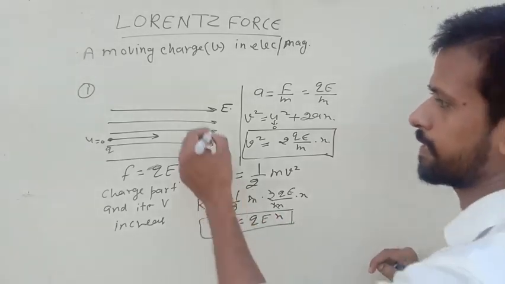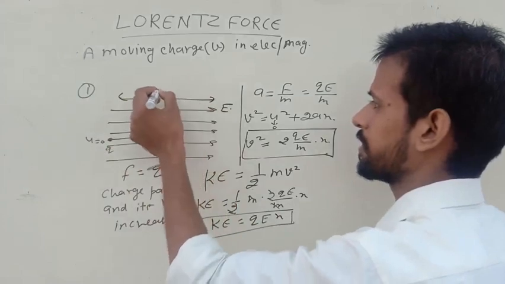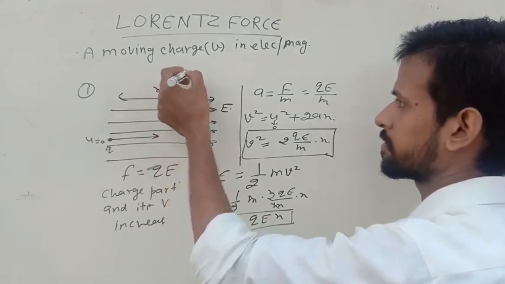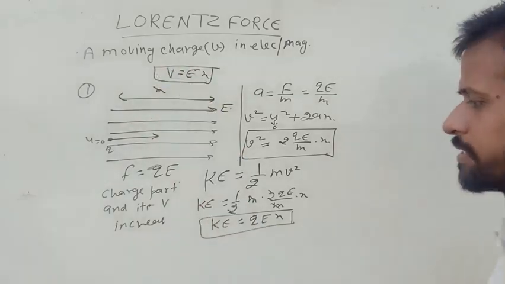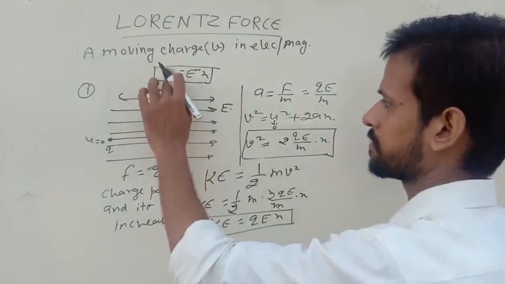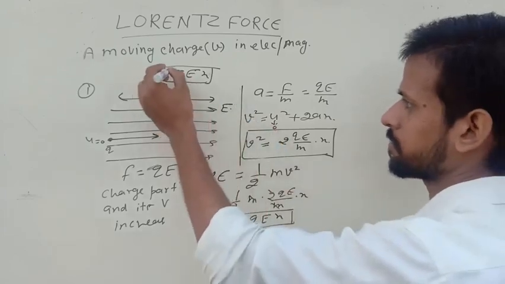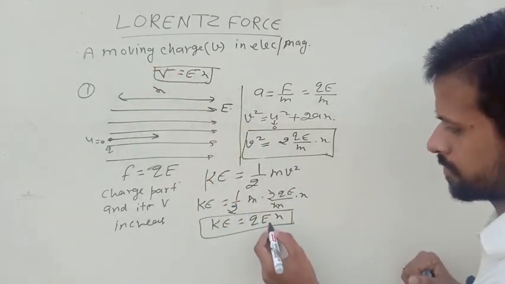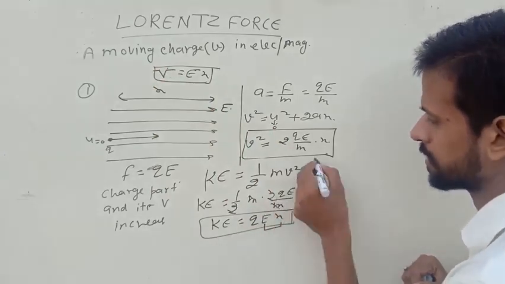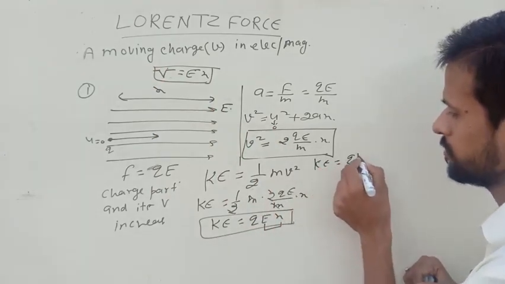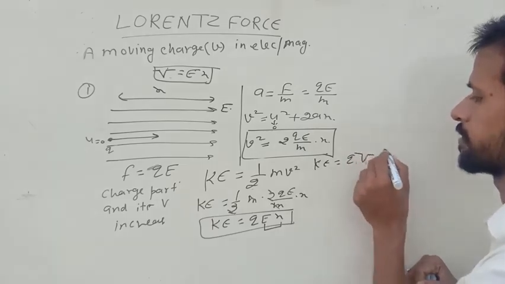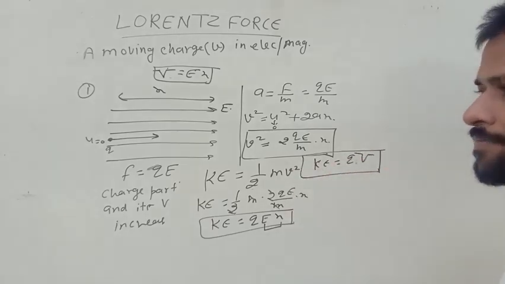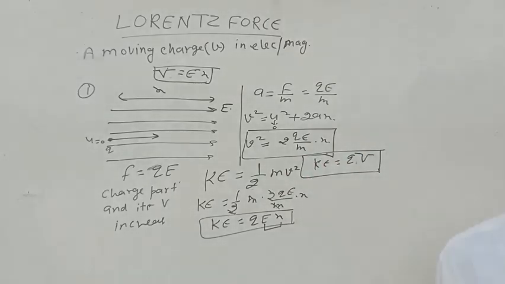We know that this distance is x, so V is equal to E into x. This is V for potential. So E into x is V. So kinetic energy is equal to QV, V for potential. This is the expression for kinetic energy when a charged particle moves in an electric field.